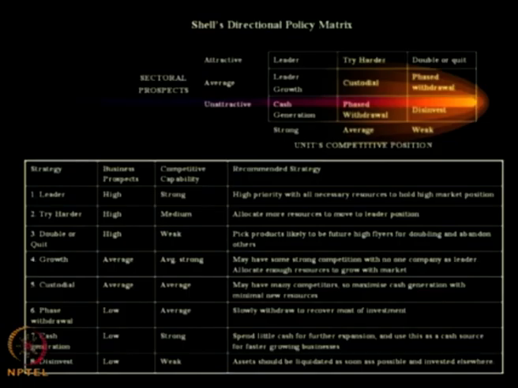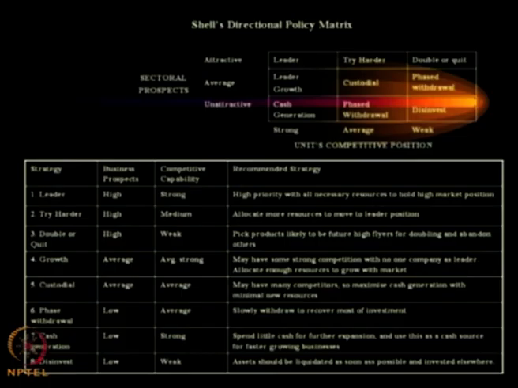Then what is this strategy? Spend little cash for further expansion, that is, keep your investments minimum and use this as a cash source for faster growing business. So, take this money and put it in different businesses where the growth is higher, that is more than this average.